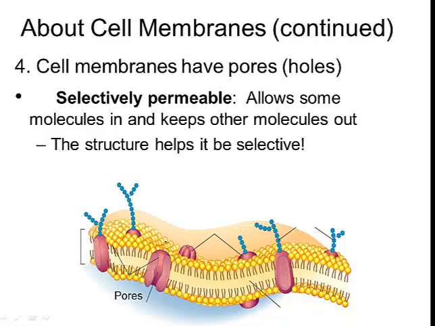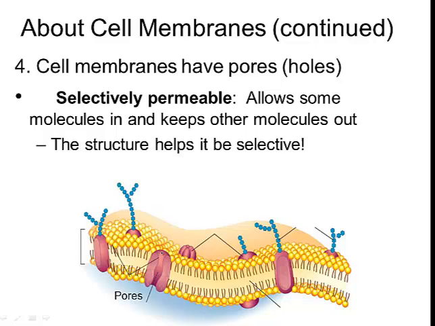So only certain types of molecules are going to be able to get through these proteins that have these openings. And anything that doesn't fit or isn't the right kind of chemical is not going to be able to get through. And the fact that there is selectively permeable properties to the cell membrane actually adds to the protection piece for the entire cell, because you're not just letting anything get in and out of the cell. Only certain things can do that.